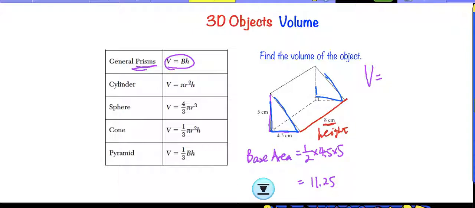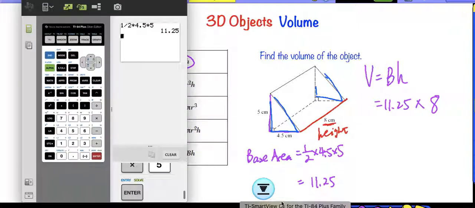Okay, so that's one thing. It's actually very easy to make mistakes. So let's find it. It's going to be capital B, meaning base area, times height. So this is going to be 11.25 times 8. Again, it's always a good idea to do the mental math. If you don't want to, then you can use a calculator.